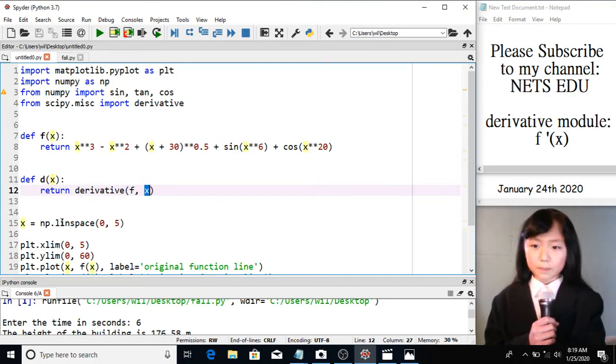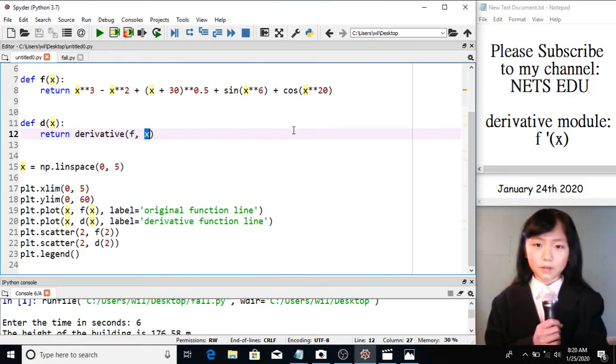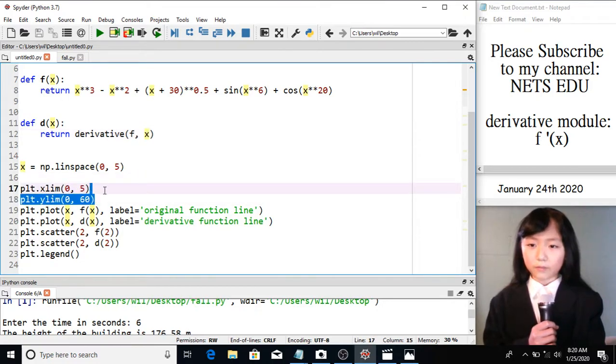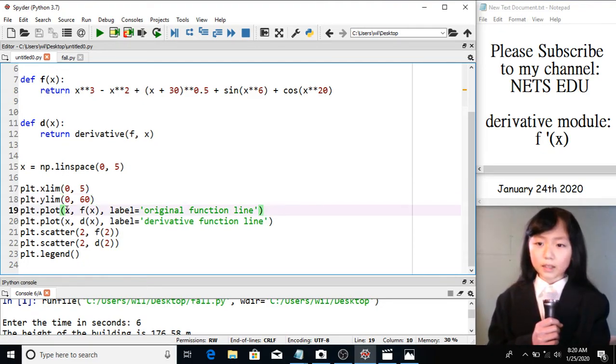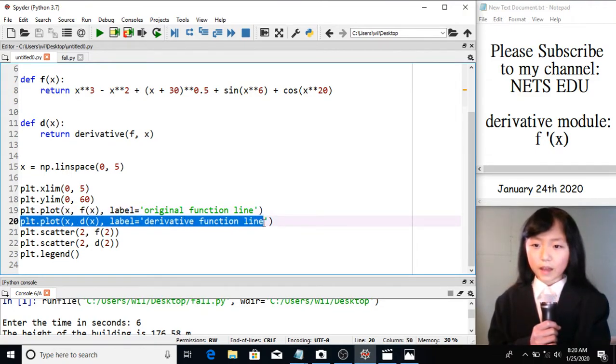x equals np.linspace(0, 5). You know that's a list from 0 all the way adding up to 5. Here I have the graph I want from 0 to 5, and the y coordinate is 0 to 60. plt.plot. Here I put in this list of x coordinates, and this will be the list of y coordinates. And do the same thing for the derivative line.